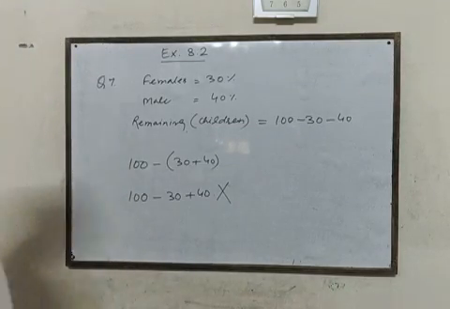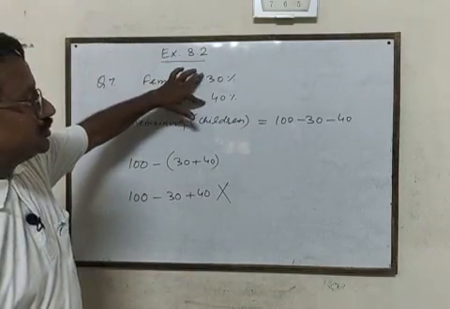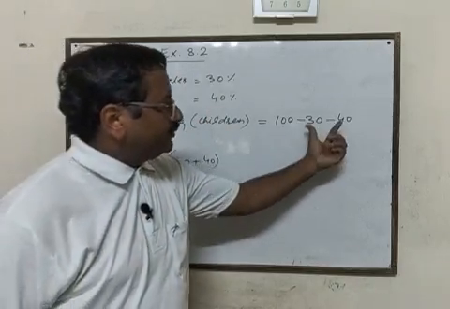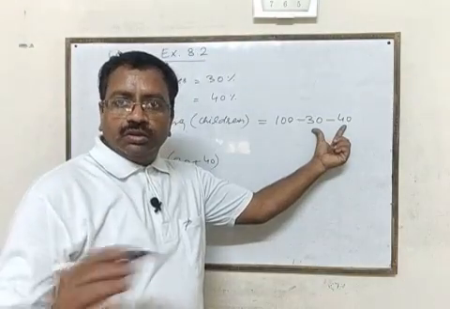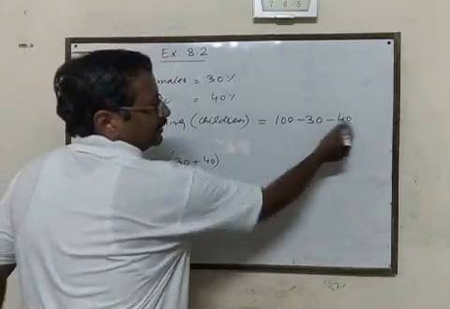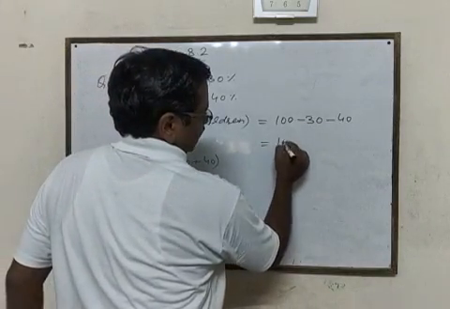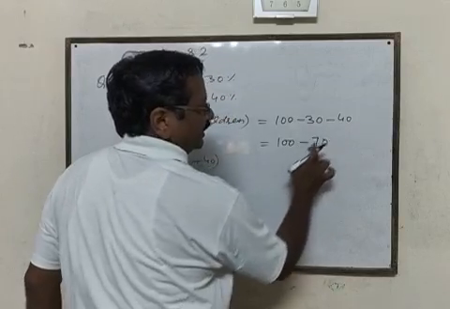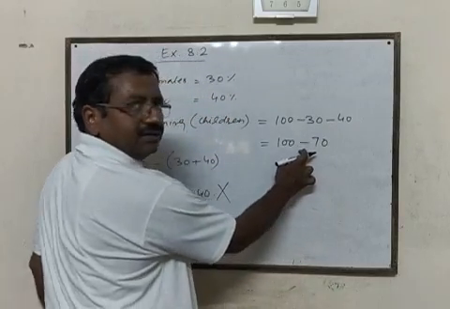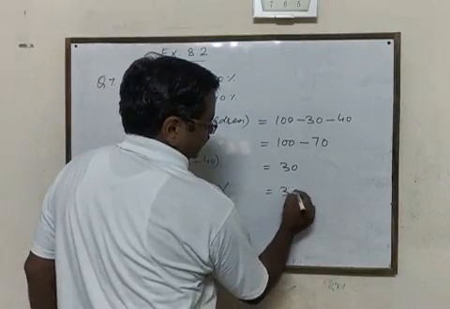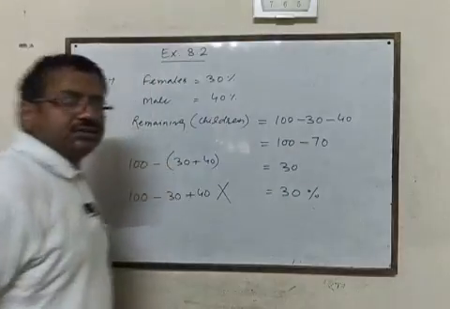What we are doing? We are adding these two and then subtracting from 100. By writing this way, first we will add these two, rule of integers: same sign figures will be added, and the sign will remain the same in the result. So 100 minus 70, then 30. So 30% are children.